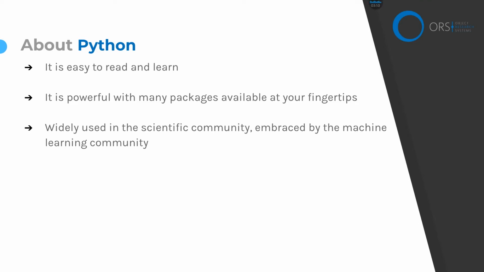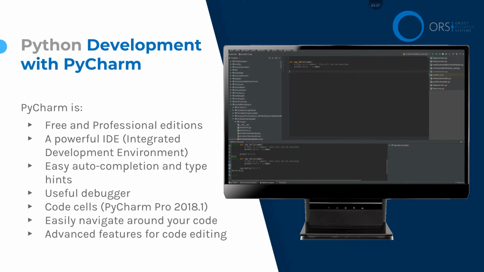If you just go on Google or Baidu and search for how to do something in Python, often you'll find someone who has an answer already. It's also highly used in the scientific community, and a lot in machine learning and artificial intelligence. A lot of popular deep learning frameworks, such as TensorFlow, Keras, and scikit-learn, are all based in Python code.